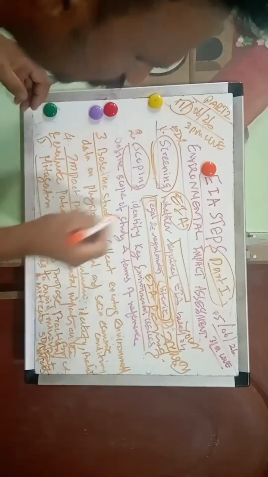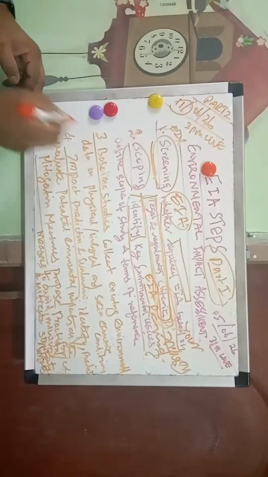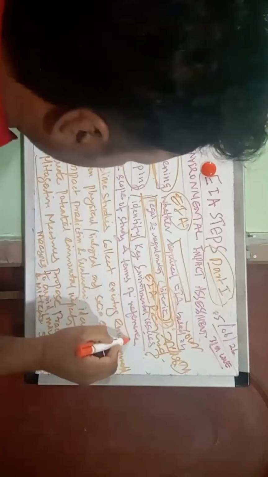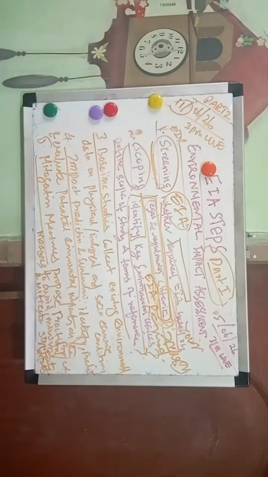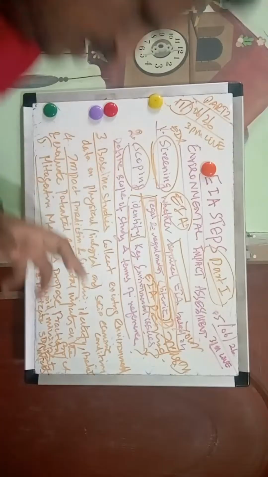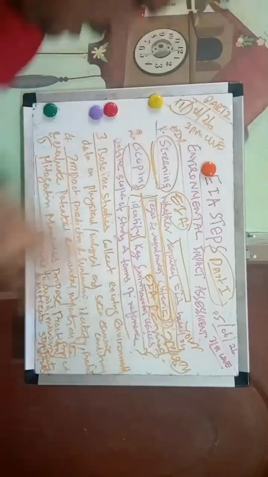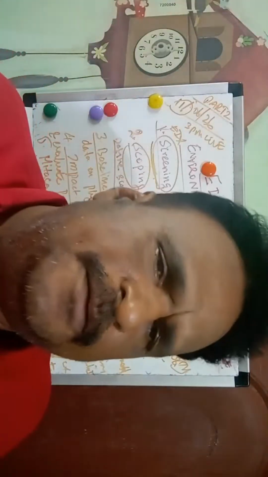You have to identify the key environmental issues, define the scope of study and terms of reference. How will you define?